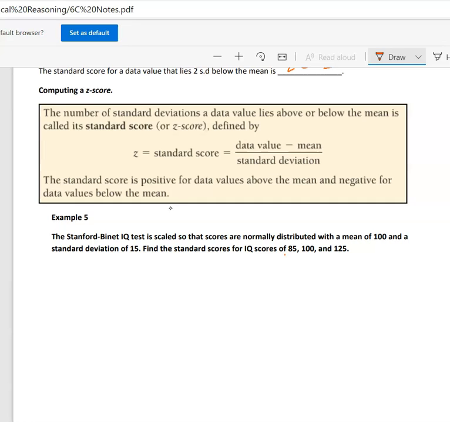And they're wanting us to do that for 85, 100, and 125. It says that we have a mean of 100 and a standard deviation of 15. So we're using this formula above right here. For 85, we would take our data value minus our mean of 100 divided by our standard deviation of 15, and that's going to give us -1.